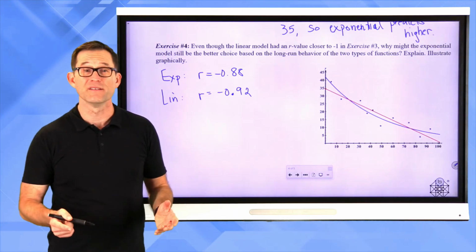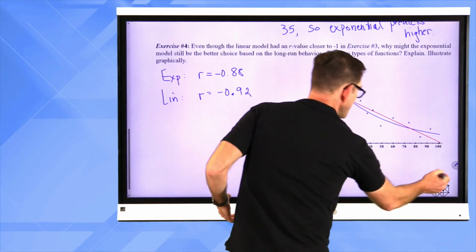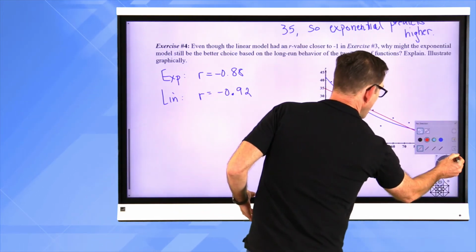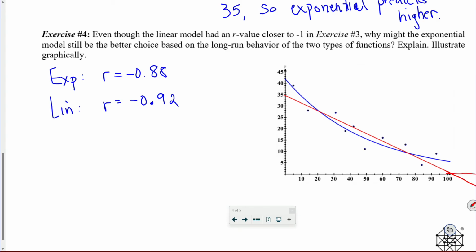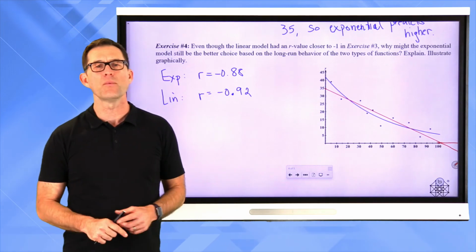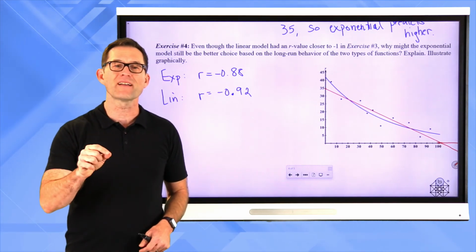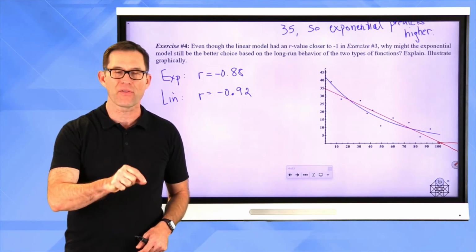Well, the real key is, and let me change to red here. The real key is that eventually that linear model is going to go below the x-axis. So there's going to be a point at which the linear model is going to predict a negative score on the math test.